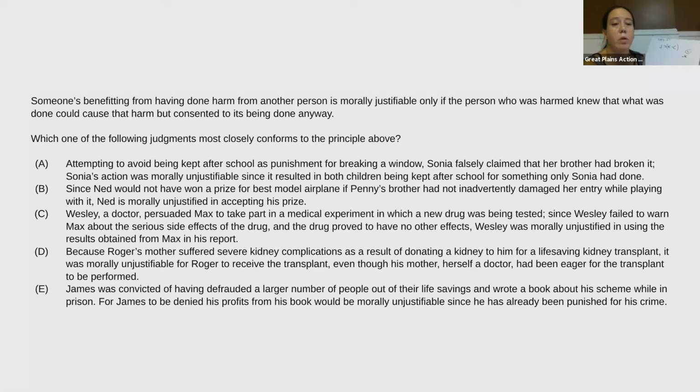And I wanna show something quick with C, how we can also double check that a little more. So if we can put C into notation here, it might make things look a little clearer. So Wesley, a doctor, persuaded Max to take part in a medical experiment. All right. Since Wesley failed to warn Max about the side effects, so since that knowledge condition wasn't met, and the drug proved to have no other effects, Wesley is morally unjustified.